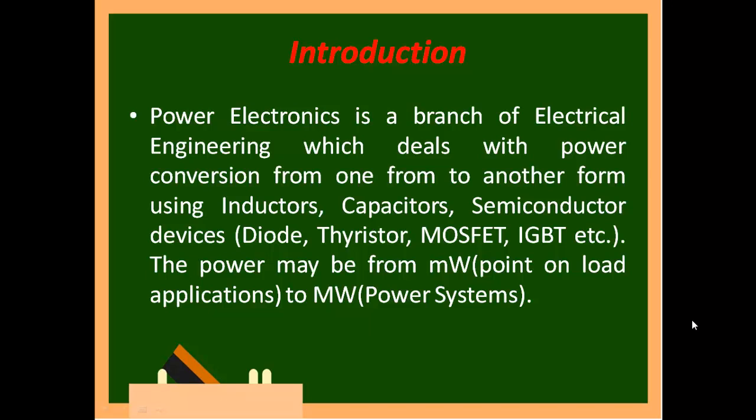The semiconductor devices you might have used in the device lab or in class might be only 30 volts or 60 volts, but power electronics based semiconductor devices go up to kilovolts. So, higher ratings. I repeat, power electronics is nothing but conversion from one form to another and stepping up or stepping down of your DC.